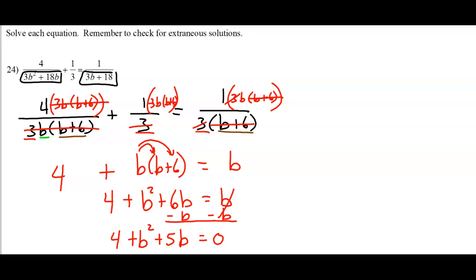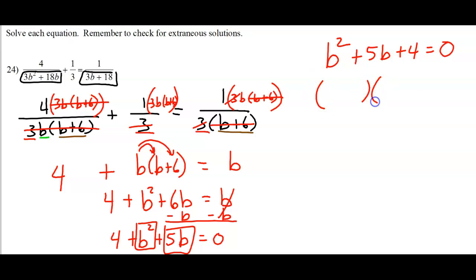And what that means is this term should come first because it's the square, followed by the term with just a b, and then the number that doesn't have any variables. Okay? And when you have a quadratic equation in standard form like that, you want to solve it in one of two ways. You can use the quadratic formula or you can use factoring. And my preferred method for solving these is by factoring. So I would use the box method to factor this.